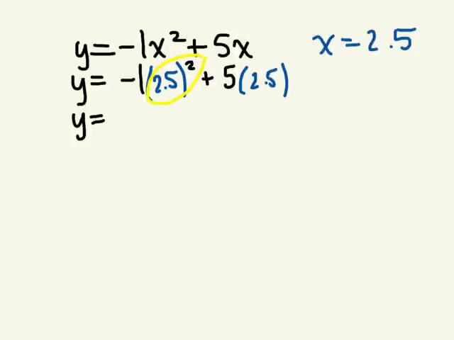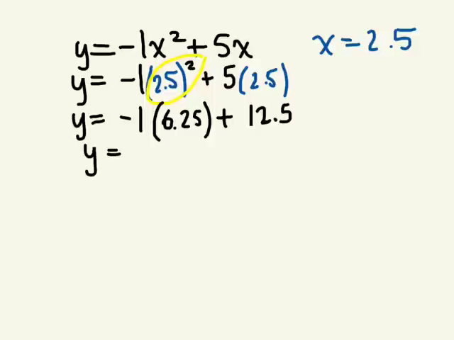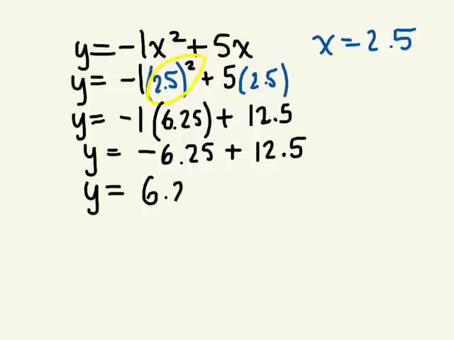Okay, it's 6.25, so it's going to be negative 1 times 6.25 plus, what's 5 times 2.5? 12.5. A negative times a positive is a negative. I have negative 6.25 plus 12.5, which is equal to positive 6.25.